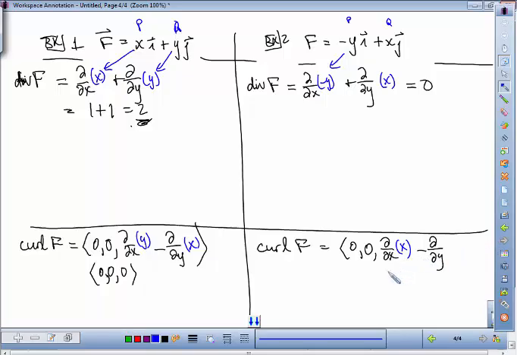So this is going to be 1. And what's the derivative of p, the derivative of negative y with respect to y? It's negative 1. So what's our curl going to be here? So it's a vector, right? 0, 0, 2.